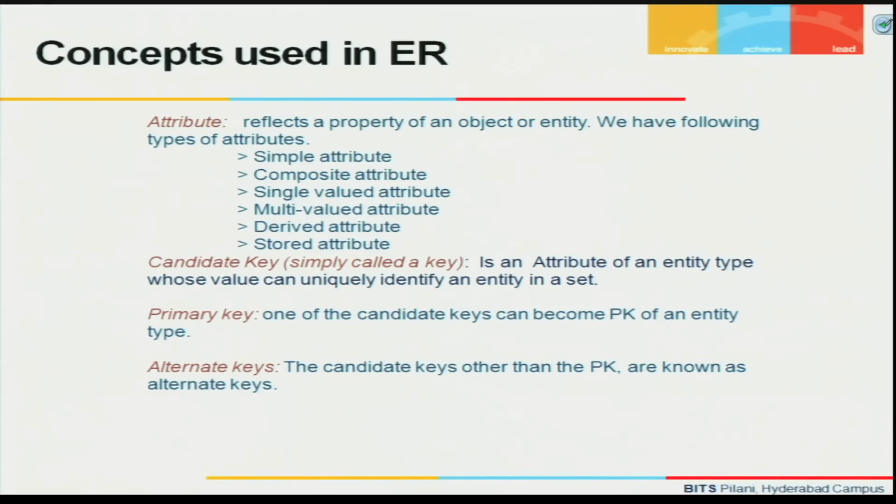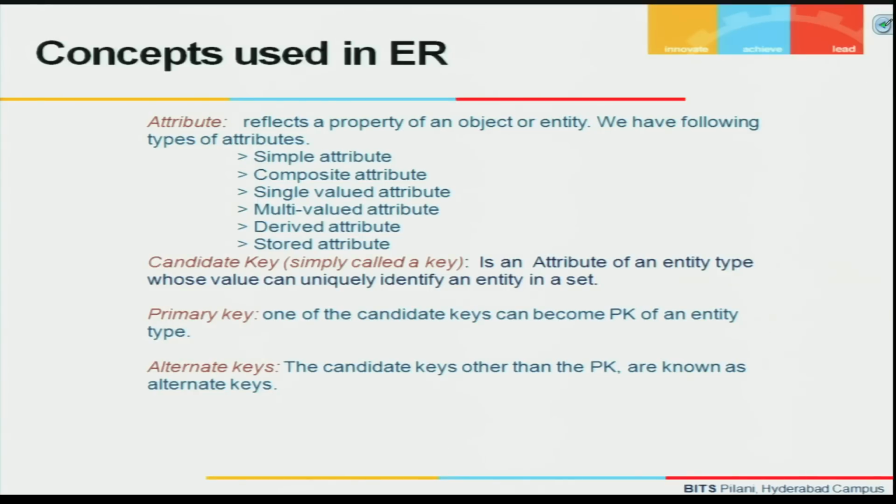Then we have derived attribute and stored attribute. Stored attributes are those whose values are permanently stored in the database, and derived attributes are those whose value can be derived as and when required from some other attribute or stored attribute. For example, consider the date of birth and age attributes of a person entity. Date of birth is fixed, that is every person will have a specific date of birth.